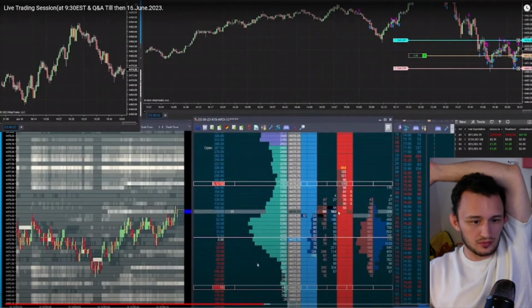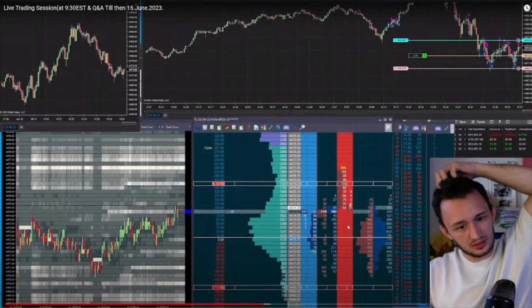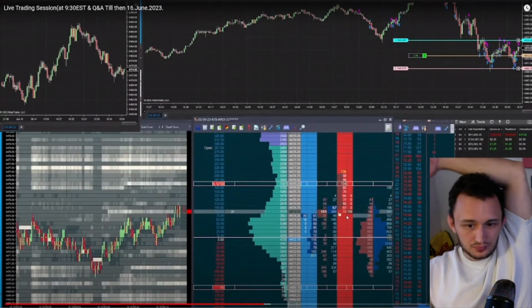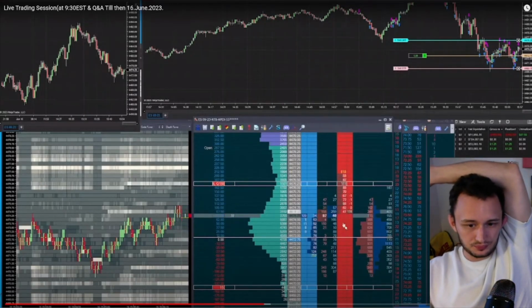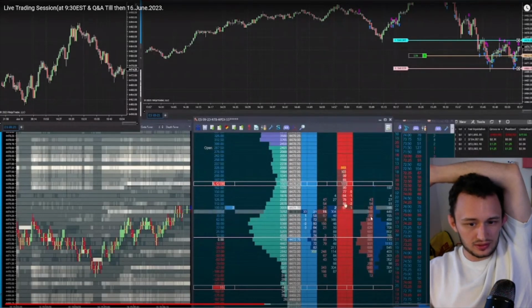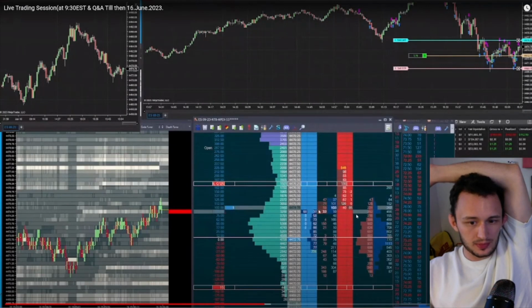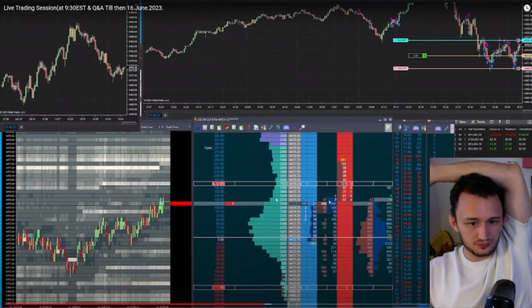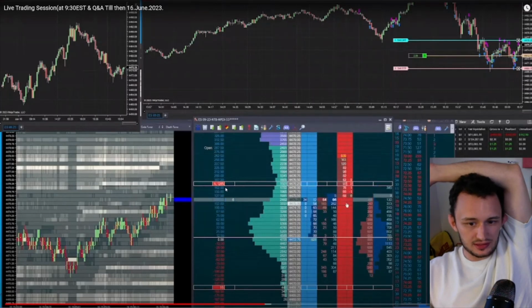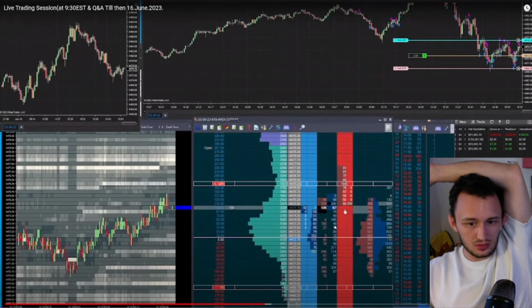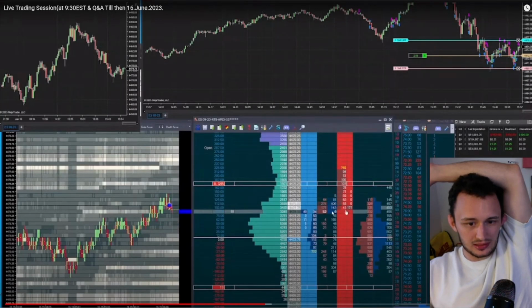Now we do find some buyers here. We're holding this low note to the upside, so buyers are getting aggressive. The 76s is a good target here for now. We see lots of big buying, but they're kind of struggling here.